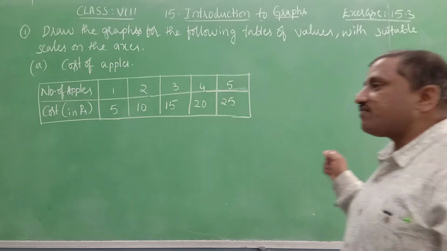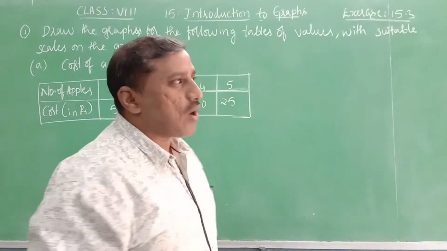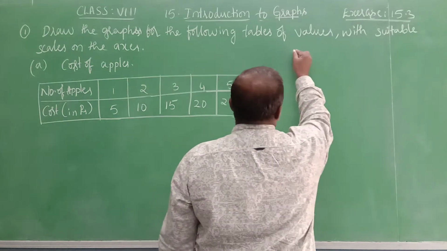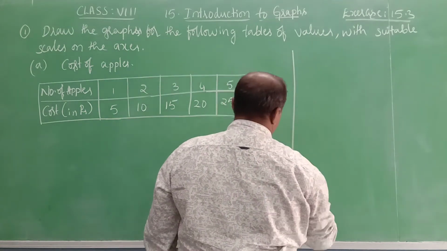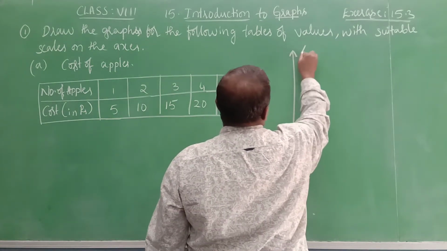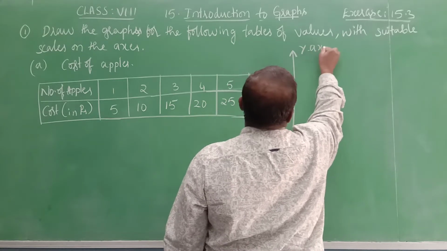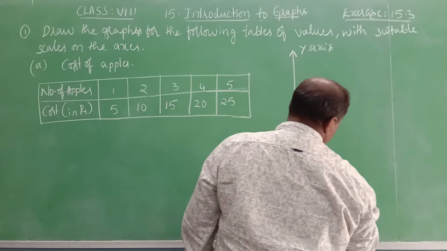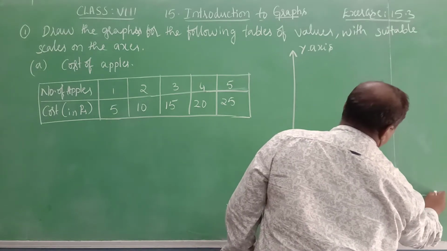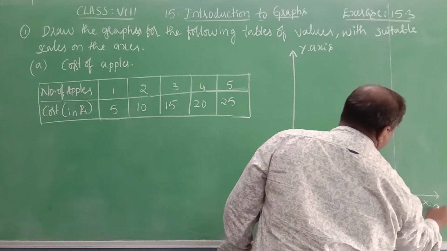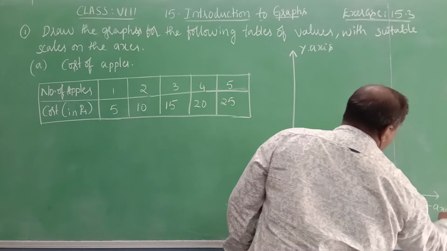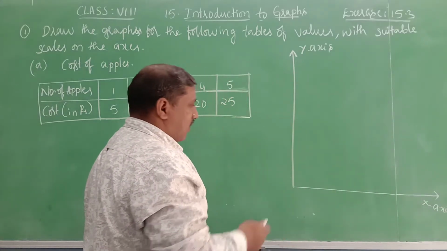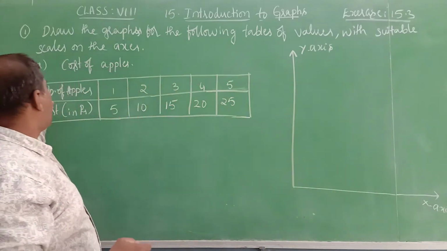For that, what is the first step? We have to draw two axes, the vertical axis and the horizontal axis. Let the vertical axis be known as the y-axis and the horizontal axis as the x-axis. Now what should be taken on the x-axis?